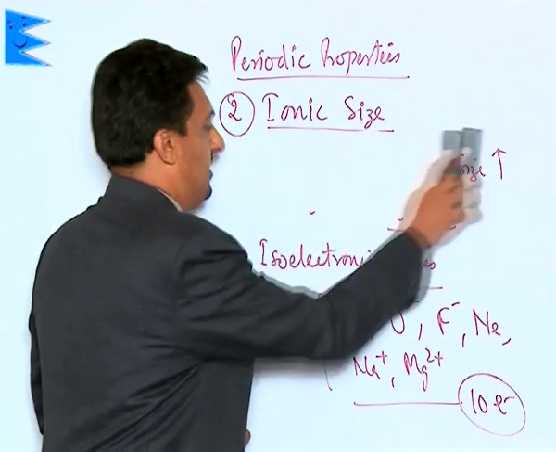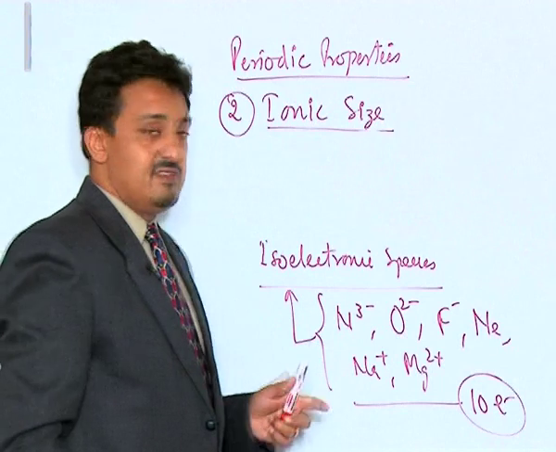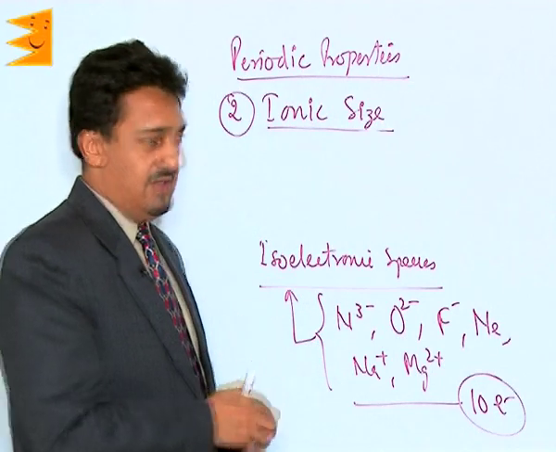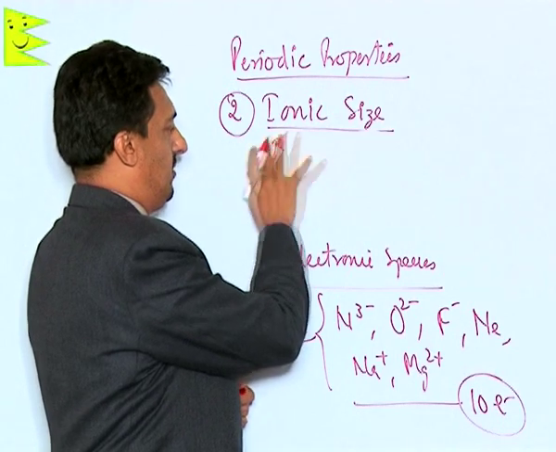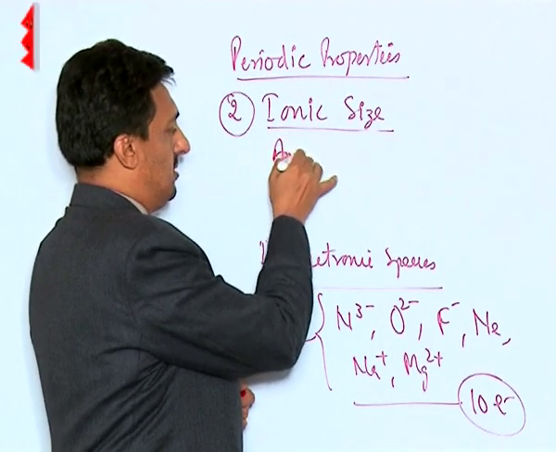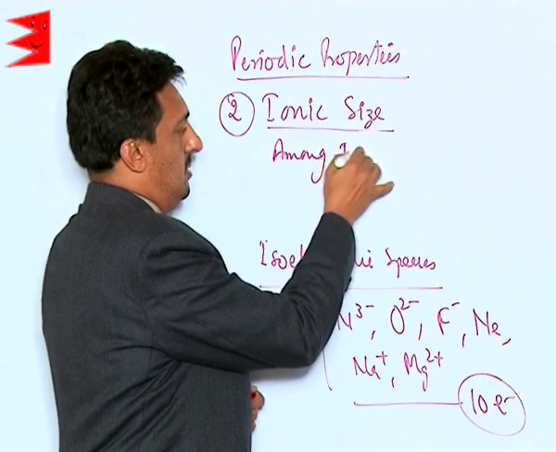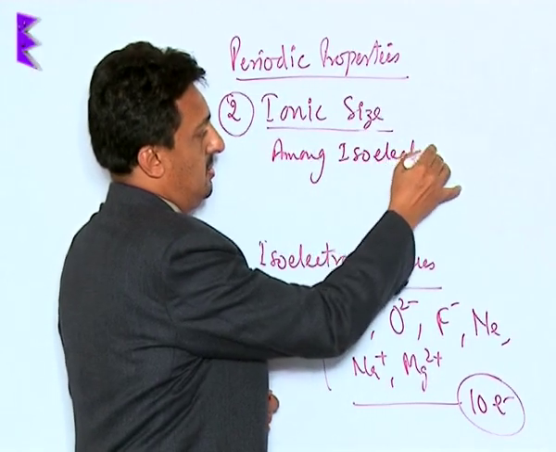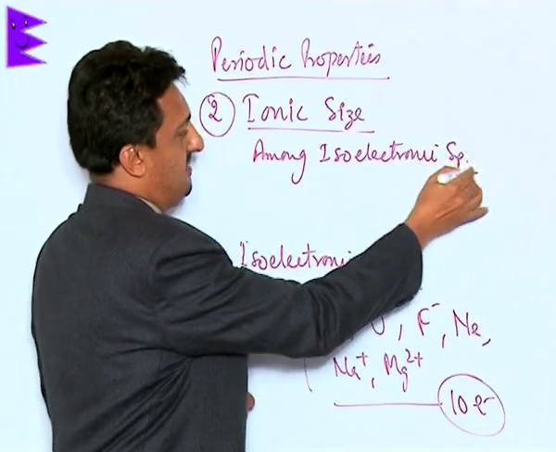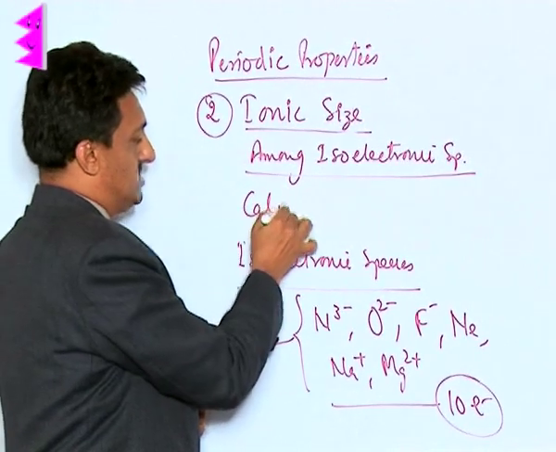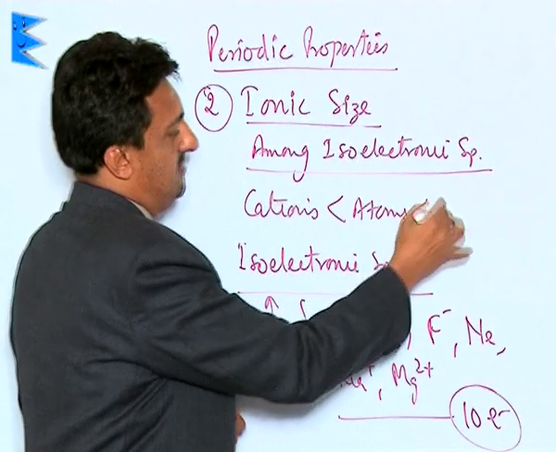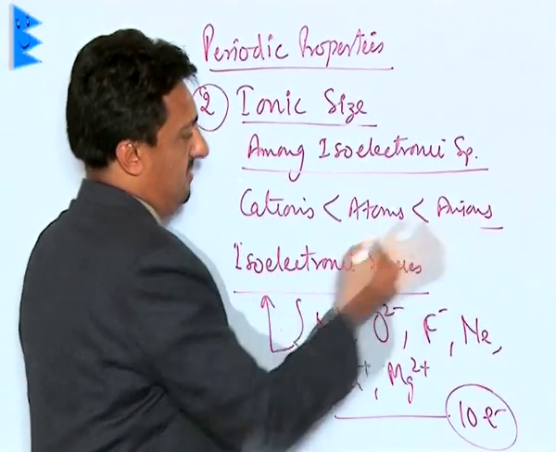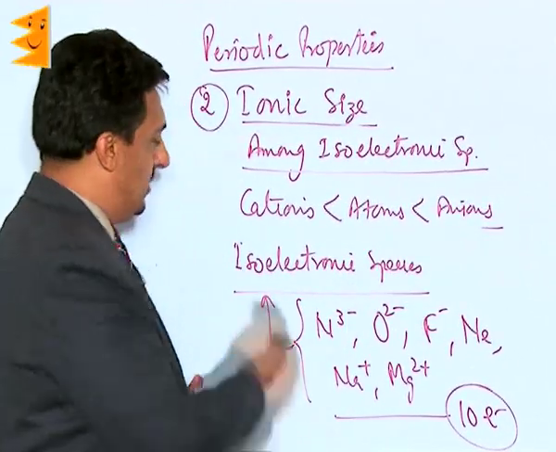Now, in isoelectronic species, how can we arrange these species in increasing or decreasing order of size? Remember, among isoelectronic species, the smallest will be the cations, then the usual atoms, and then the anions.